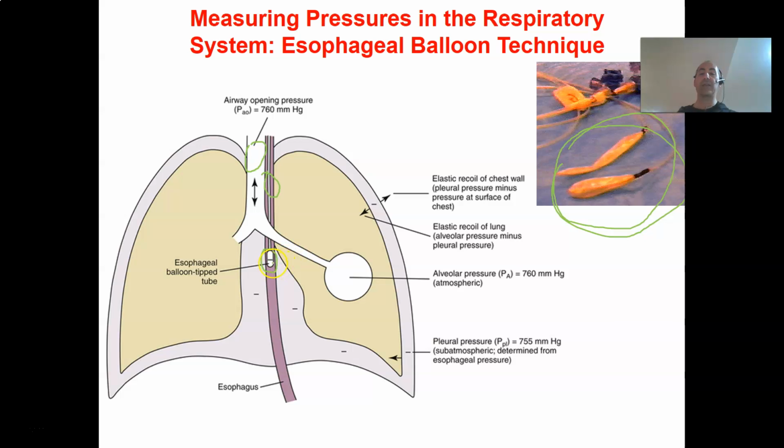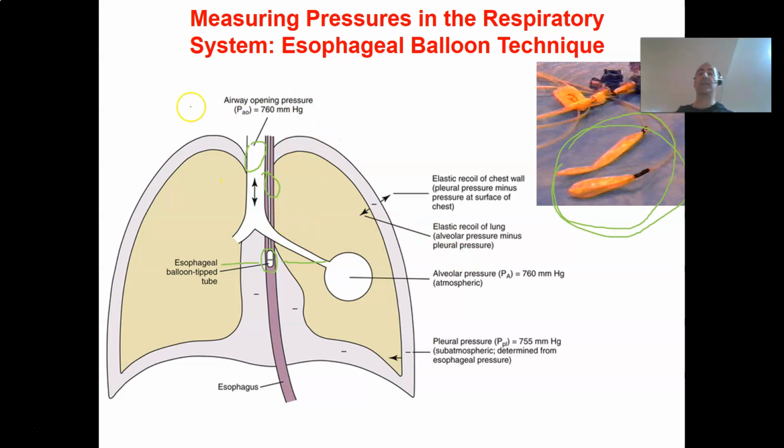When you inflate it, because of the approximation to the trachea and the bronchi, and because you can insert the balloon down to the esophagus at about mid-lung, you can start to understand some of the pressures that occur in the lung.